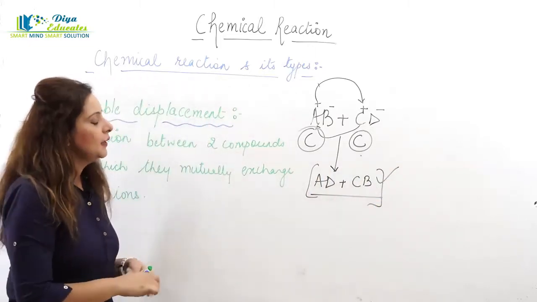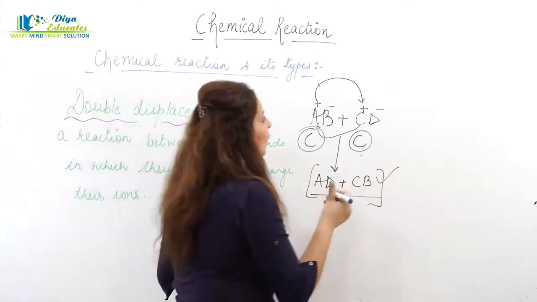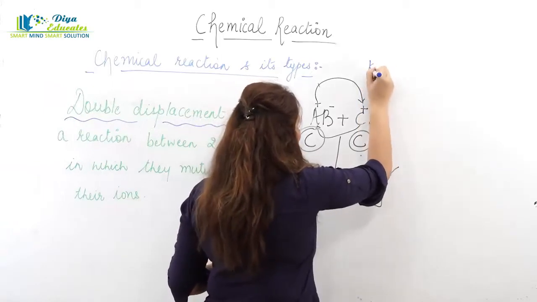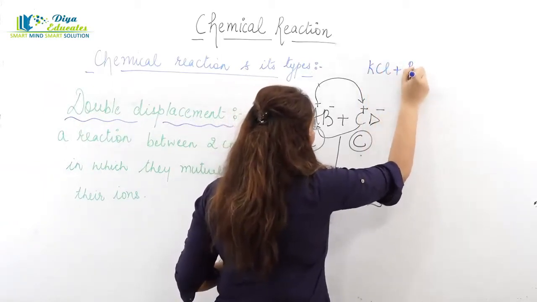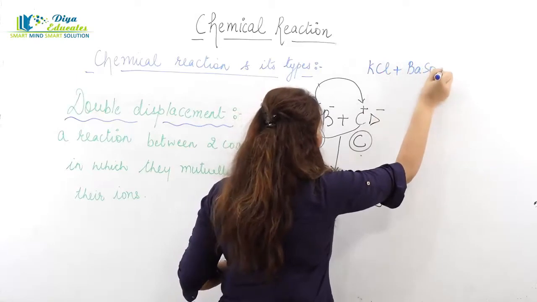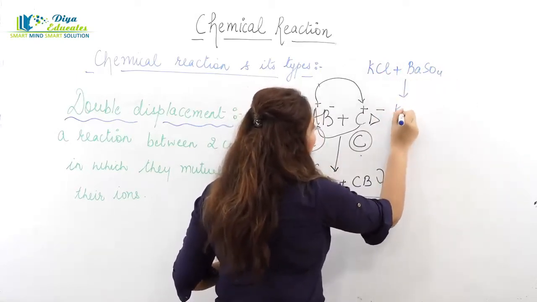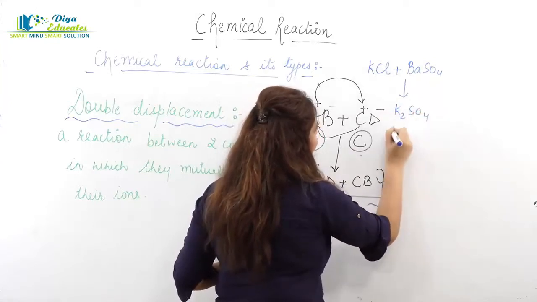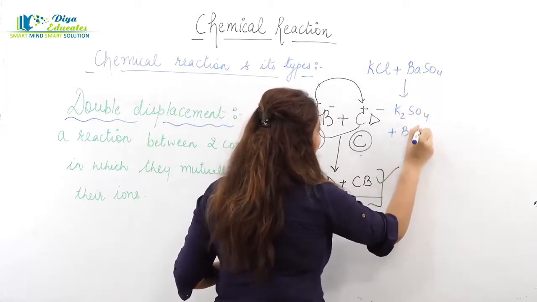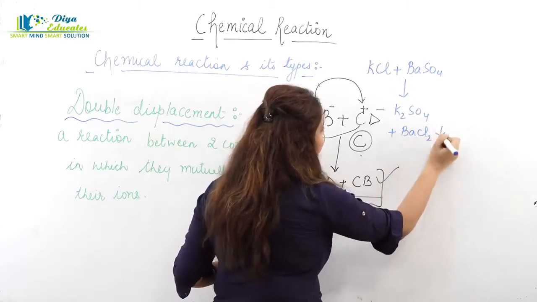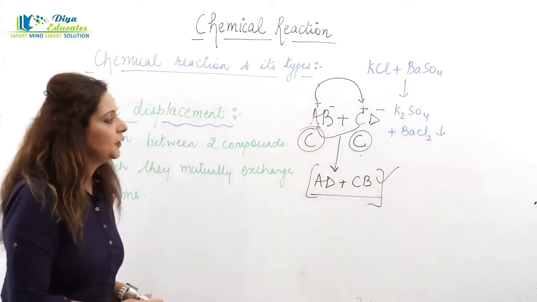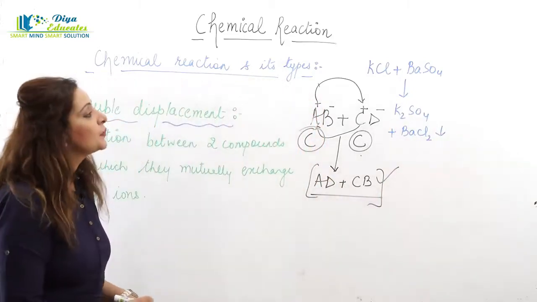Right. For example, let's say KCl, potassium chloride, plus barium sulfate. If we react them, what do we get? We get potassium sulfate, and along with that we get a precipitate of barium chloride.